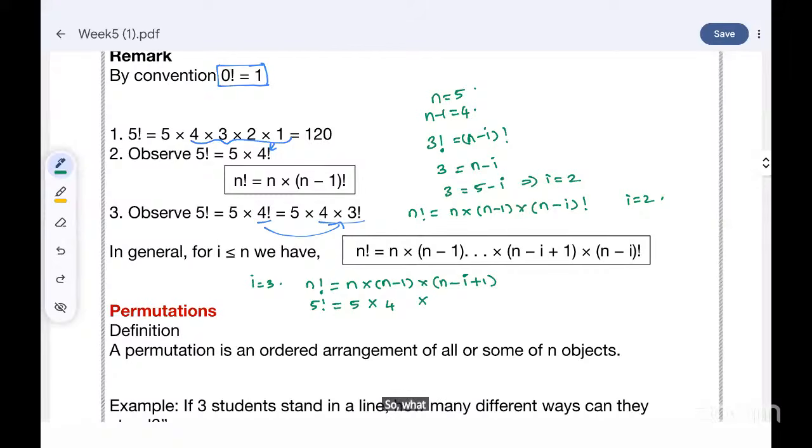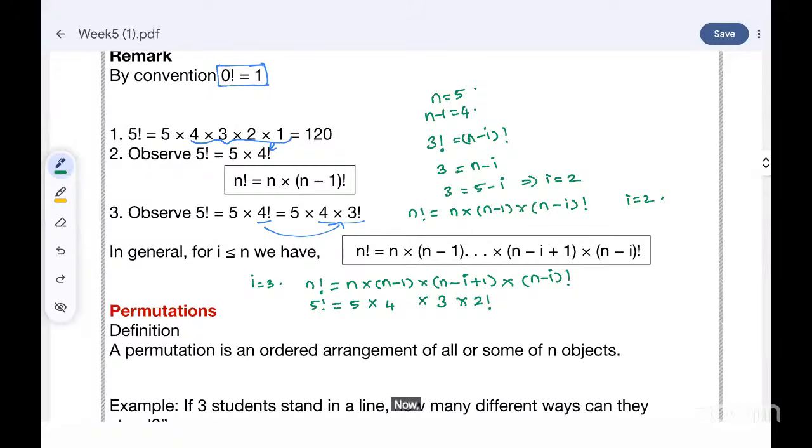So what is this? i is 3, so n minus i plus 1 will be n minus 2, which is 3, right? Now again here, this is n minus i factorial, so this is 2 factorial.